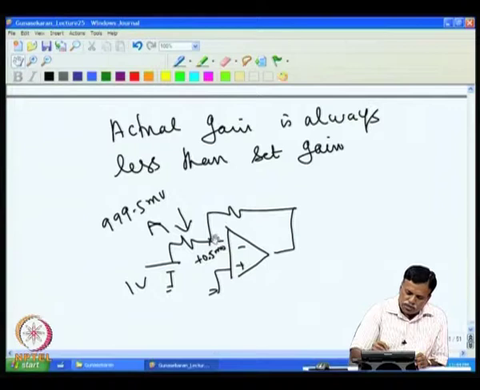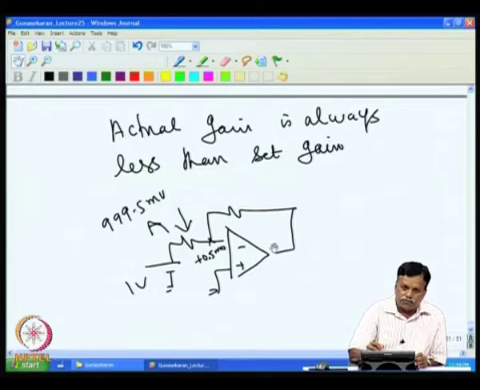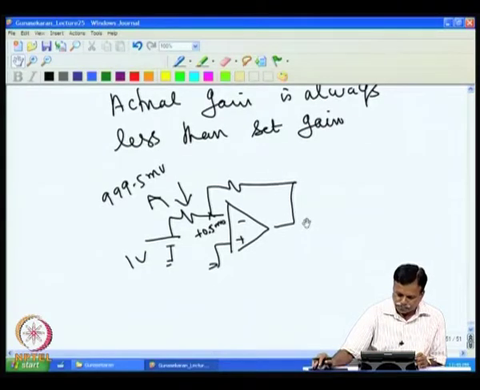Originally we assumed that if it is 1k, then 1 milliampere current is flowing. Now, it is less than 1 milliampere. The same thing happens with the current flowing through RF. The net result is that the voltage across this is also less. That is why the actual gain is always less than the set gain.